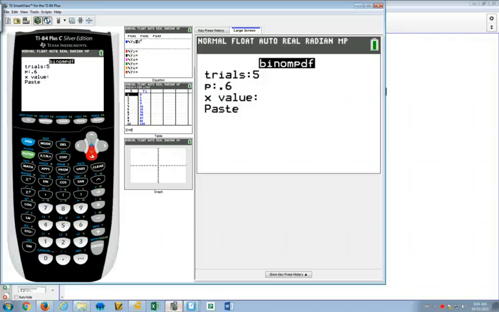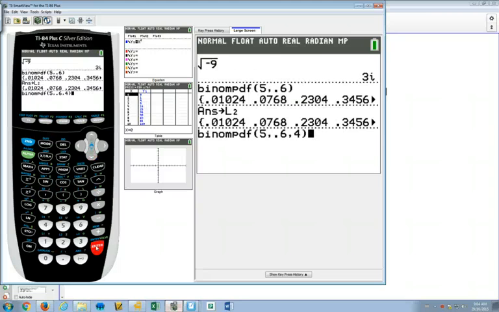Now, this is optional to put the x value in. You can leave it blank, then it will give you all of them. If you put in a number, then it will just give you that. And the paste option, there it pastes it back into here, and then it types it for you.